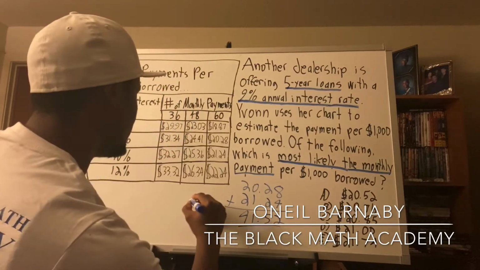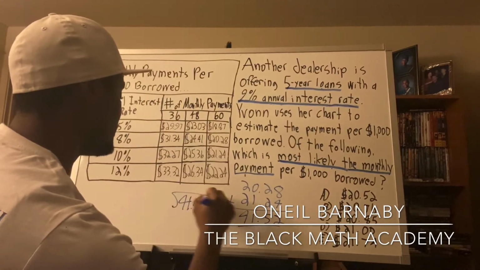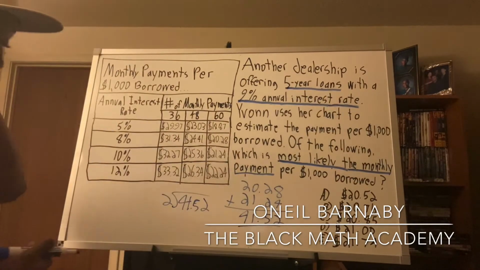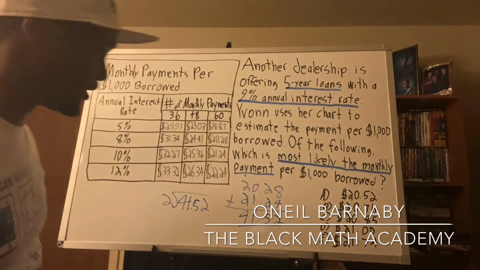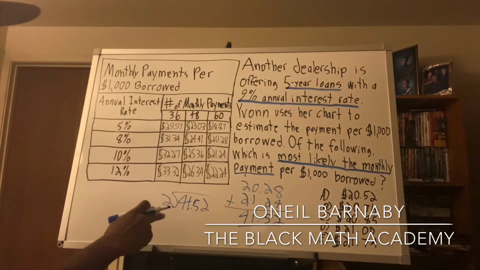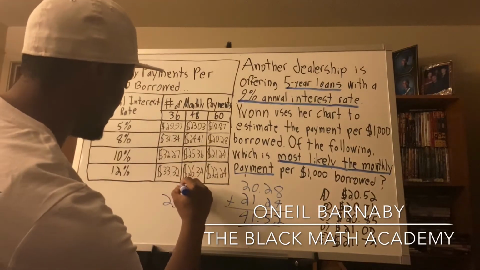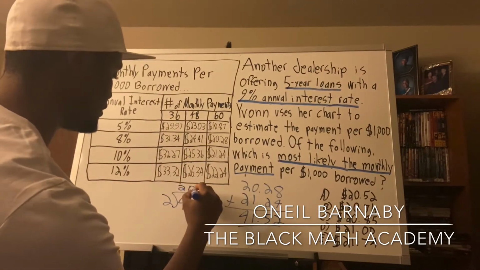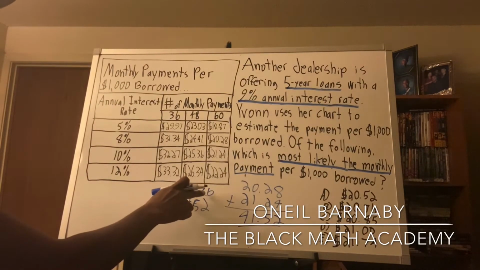I'll do it over here. 41.52 divided by 2. And now this one I can do a bit in my head as well. It's got 52, so the one's got to carry over. So it's going to be 20.76. The 1 carries over.